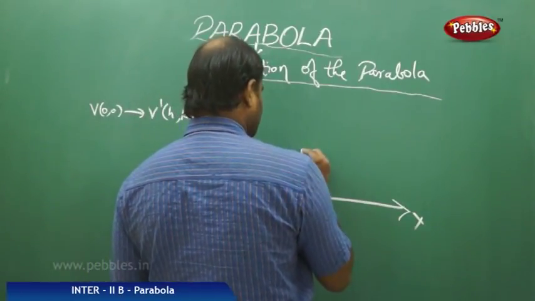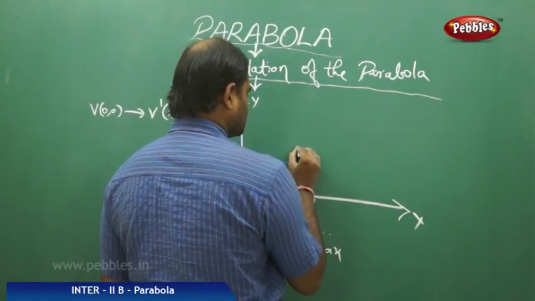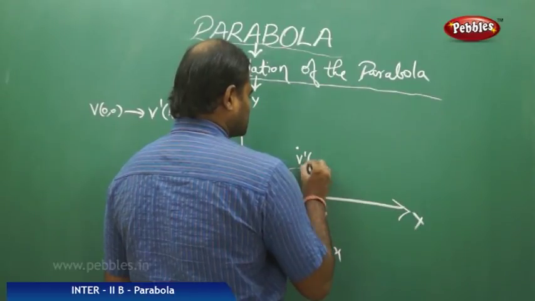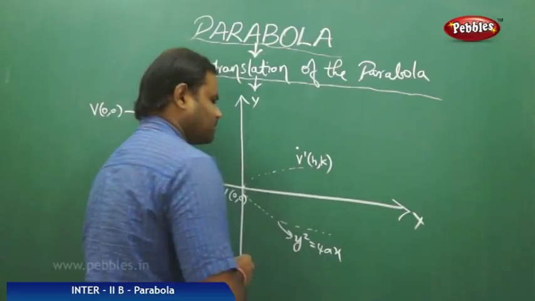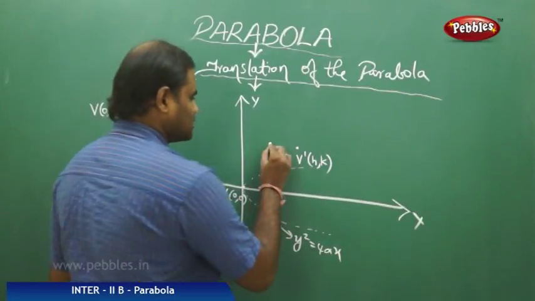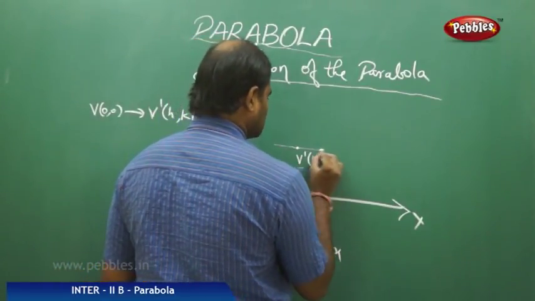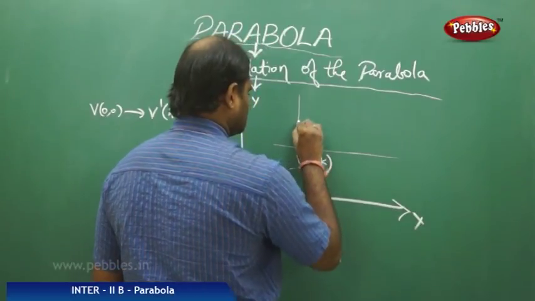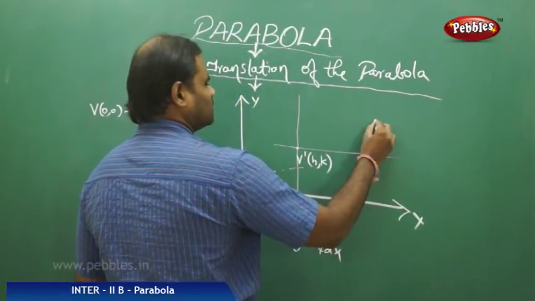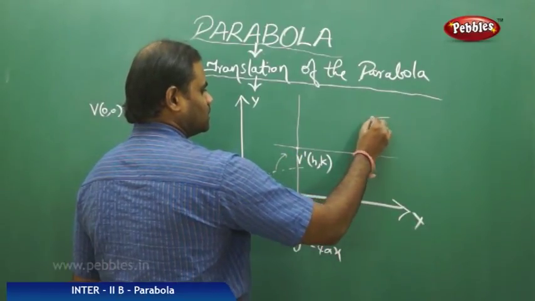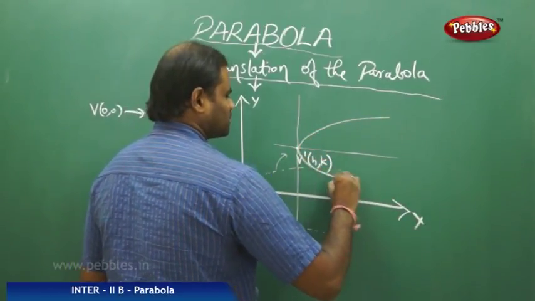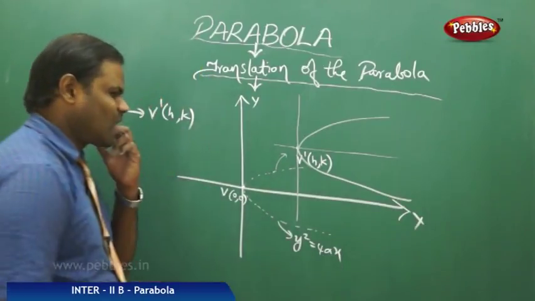So this being shifted here gives me the new vertex which is (h,k). So using this, the parabola equally shifts out here, which is obtained like this.